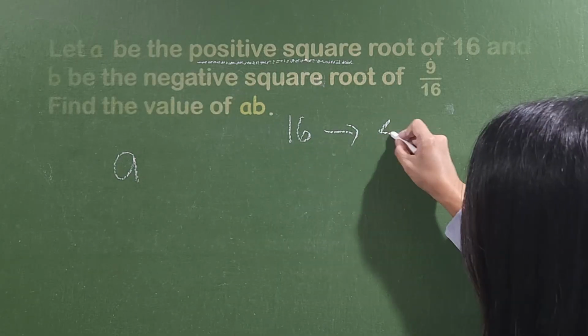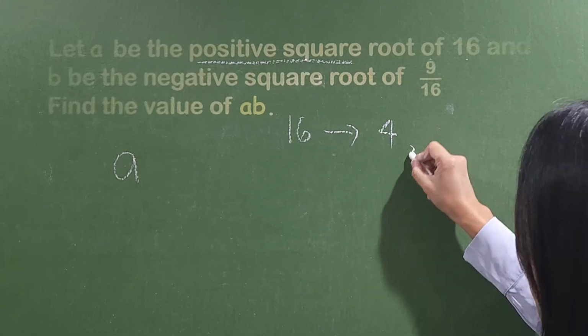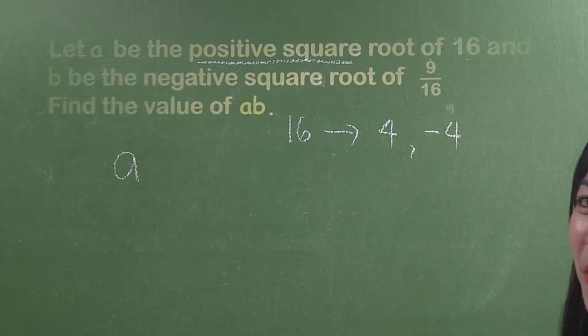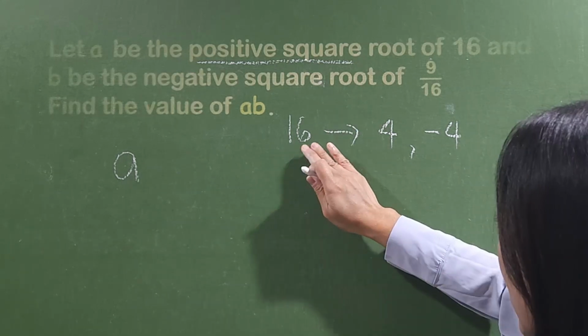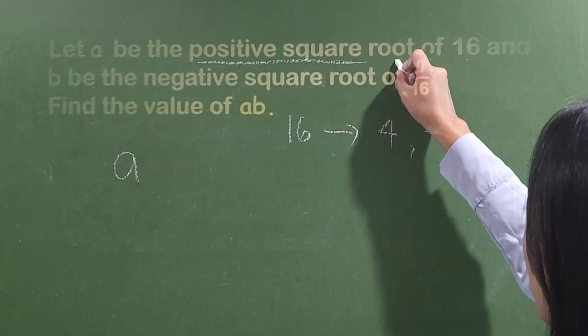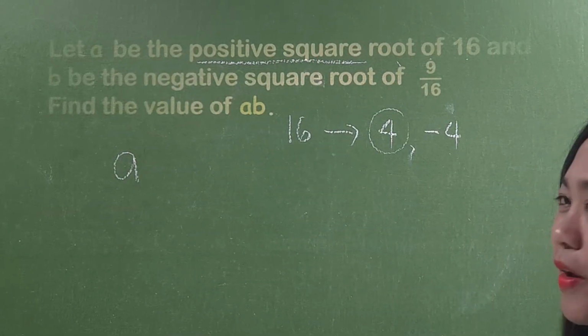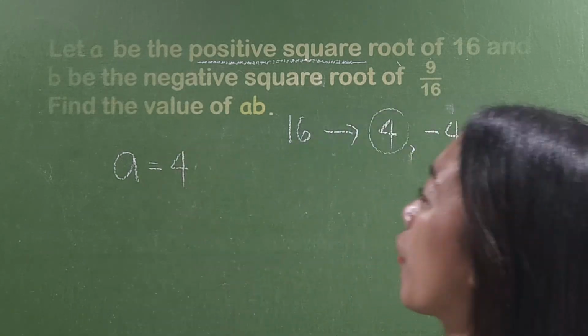We have here 4 as the square root because 4 times 4 is 16. Also negative 4, because negative 4 times negative 4 is also 16. But we are trying to find the positive square root, so we have to choose 4. So A is equal to 4.